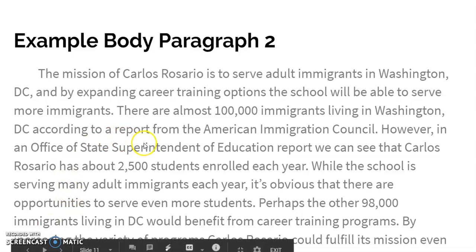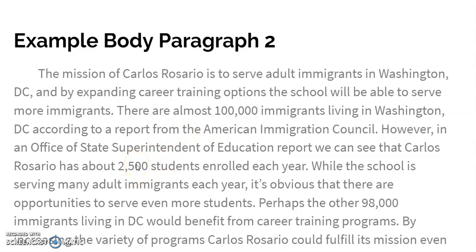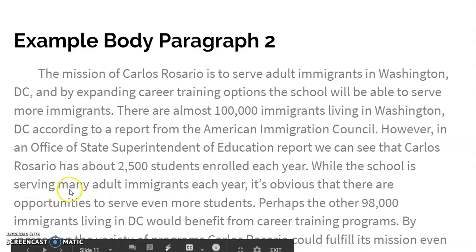Okay, so we have evidence with data about the number of immigrants in DC and the number of students at Carlos Rosario. Now I need to explain why that evidence supports this idea that expanding career training options will allow the school to serve more immigrants. So I've added, while the school is serving many adult immigrants each year, it's obvious that there are opportunities to serve even more students.